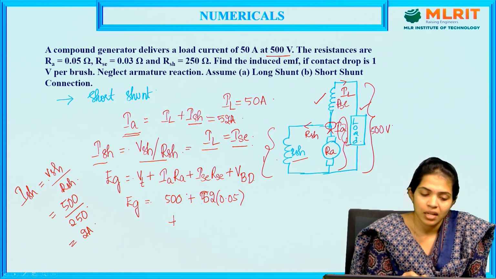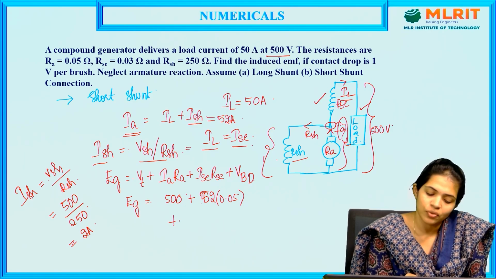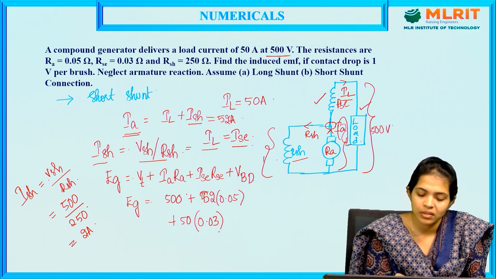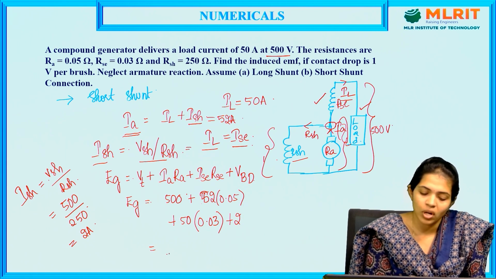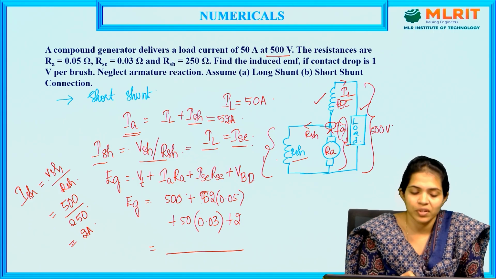ISC is nothing but the load current, so we take it as 50 multiplied by RSC 0.03 plus the brush drop is 2 volts. So upon calculating this term, we will get the induced EMF for the short shunt compound generator.